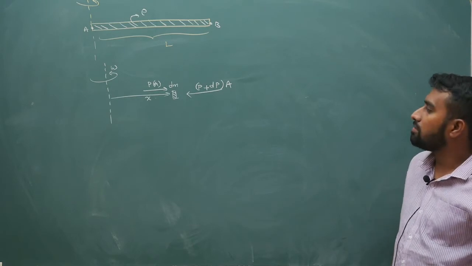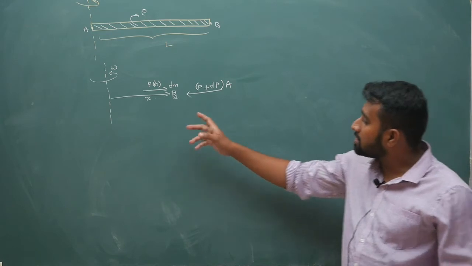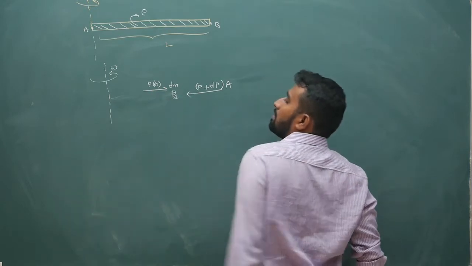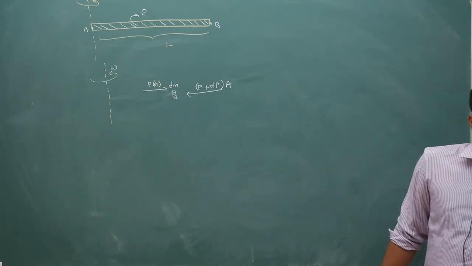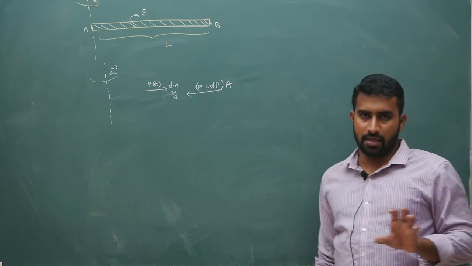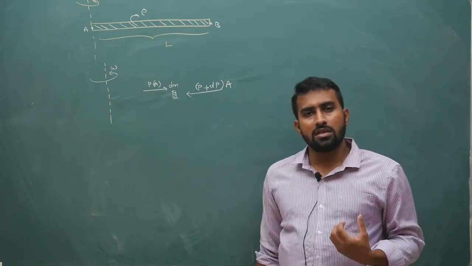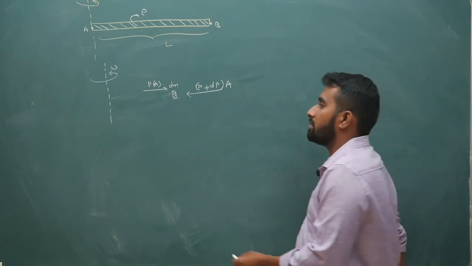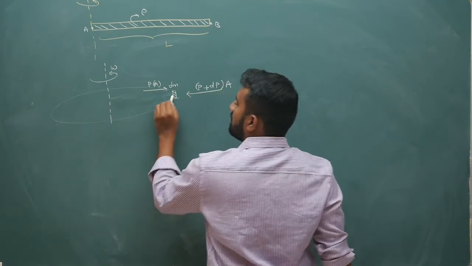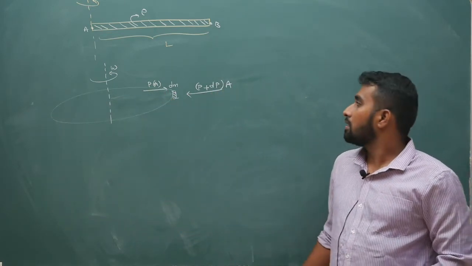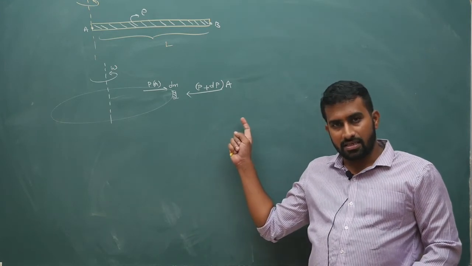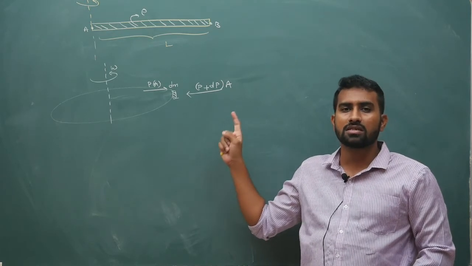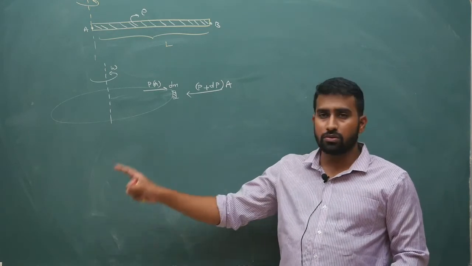Because this dm element is going in a circle, your net force is supposed to be directed towards center. I can only keep my pressure value more on the right side. Because of that pressure, force will be more towards left. Your net force should be towards left.